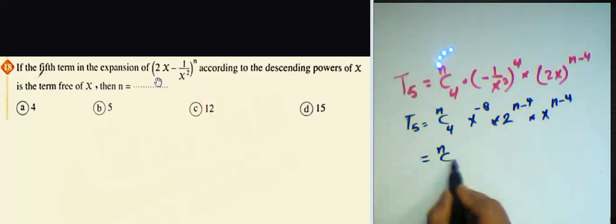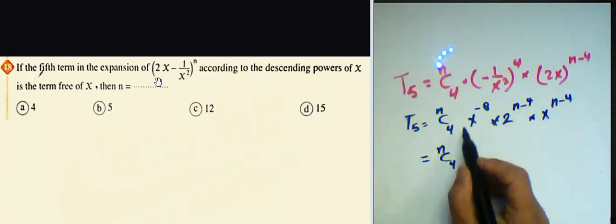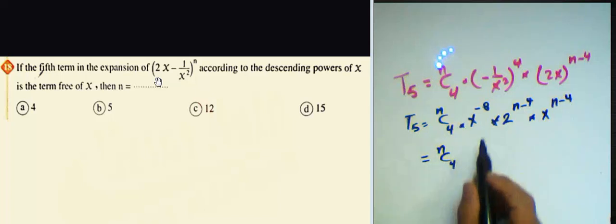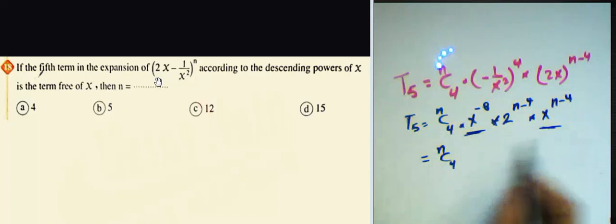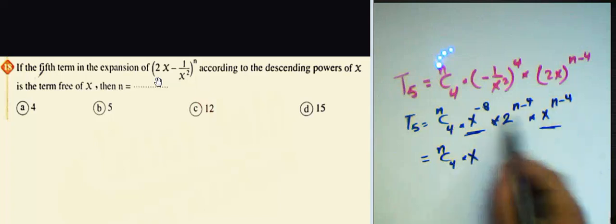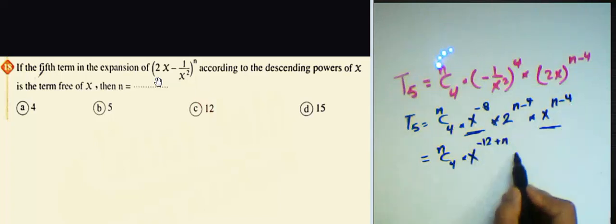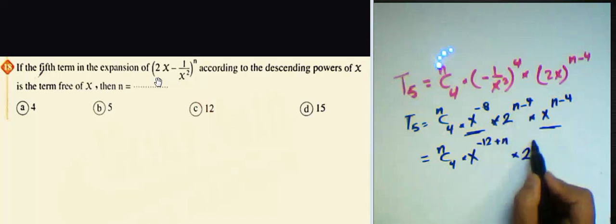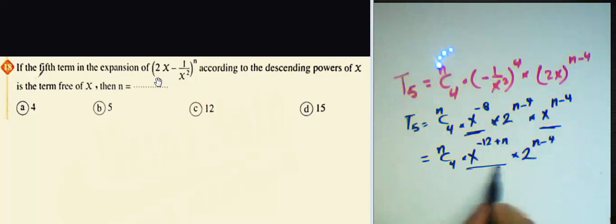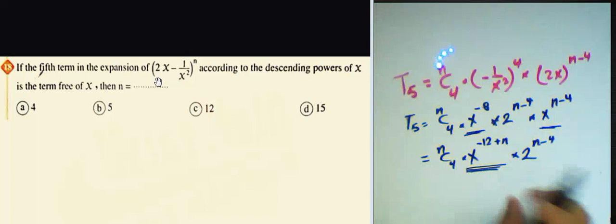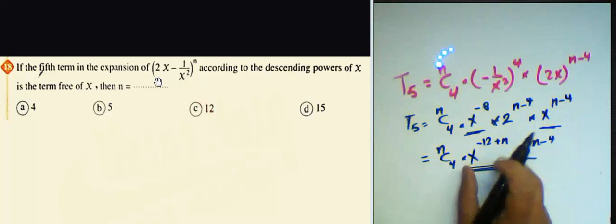It will be n combination 4 multiplication by x, and we can simplify x power negative 8 plus n minus 4, which is negative 12 plus n, multiplication by 2 power n minus 4. It tells us we haven't any x here, any coefficient about this term.